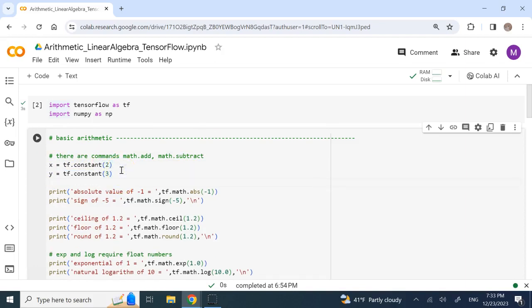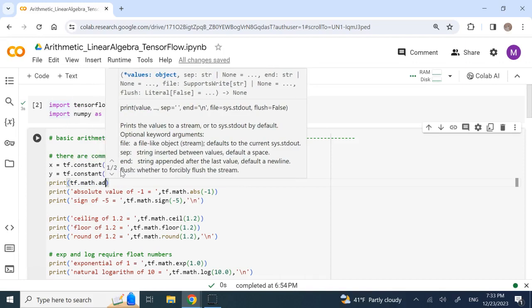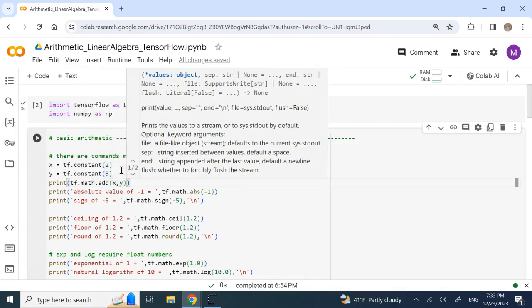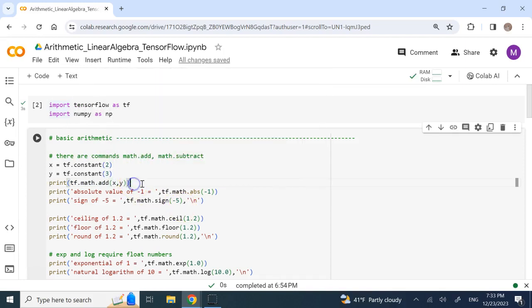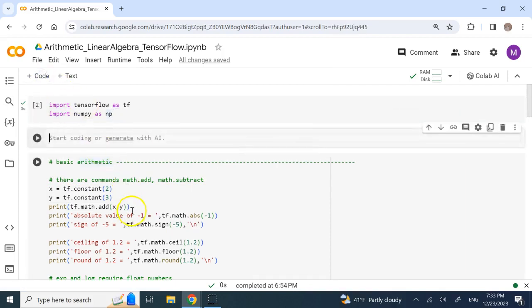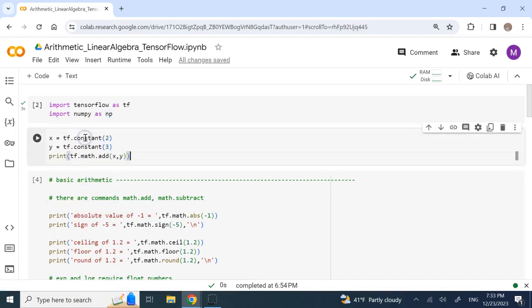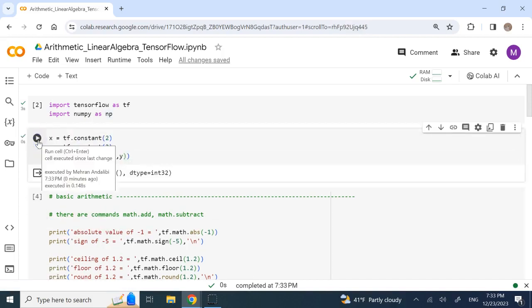You can say print tf.math.add of x and y, right? So you can simply add them together. Let me add a simple code for that part and get rid of that in this portion. So if I run that, you see here it says 5.